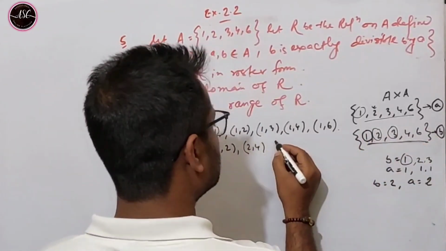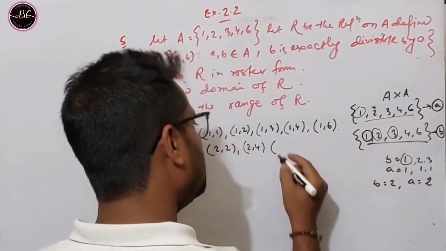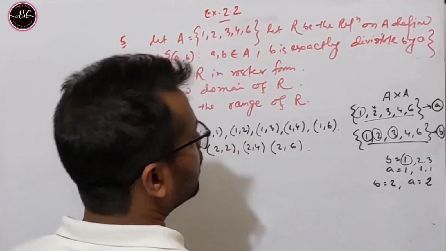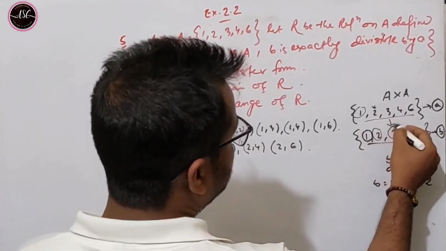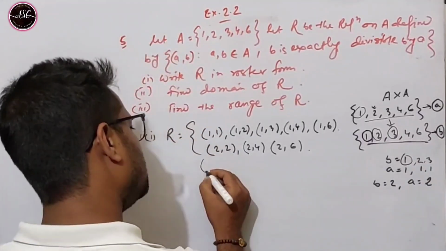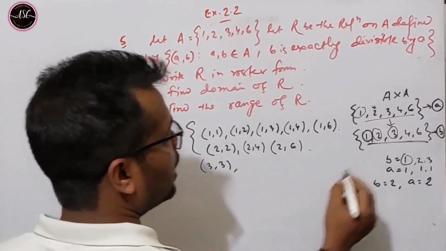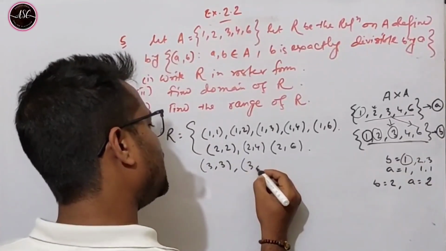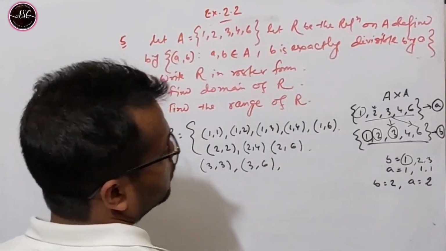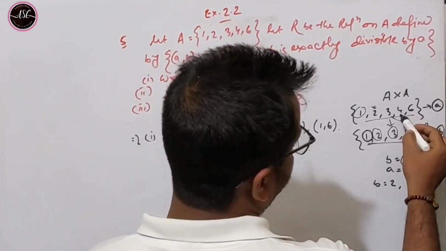Then 6 will be a multiple of 2, so (2, 6). Then we have 3. 3 is a multiple of 3, so we get (3, 3). Then 6 is a multiple of 3, so (3, 6).